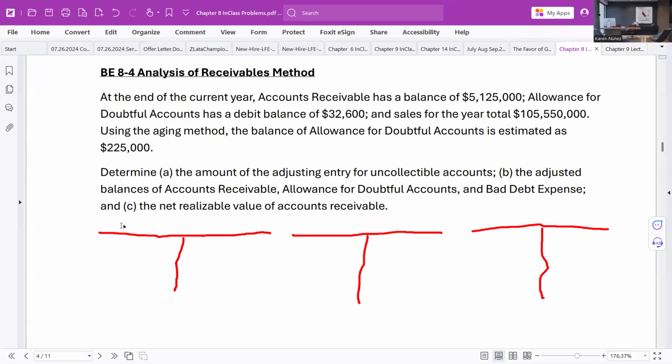So this is the accounts receivable. This is the allowance for doubtful accounts. And this is the bad debt expense.